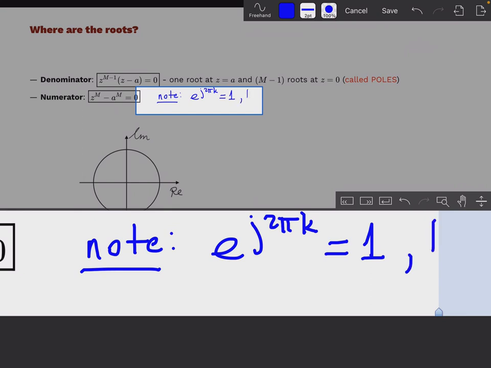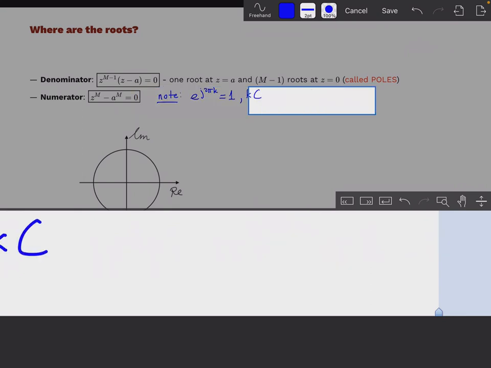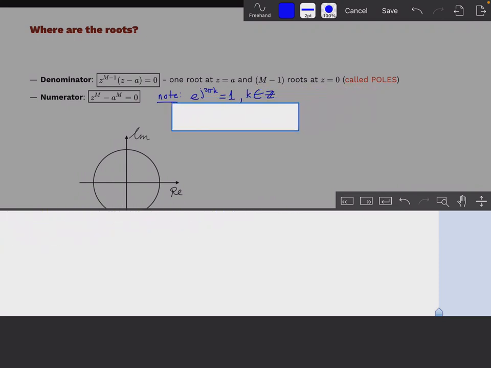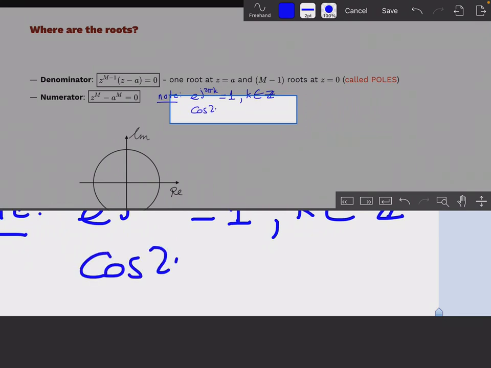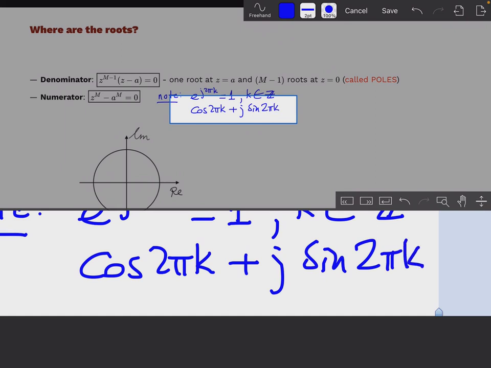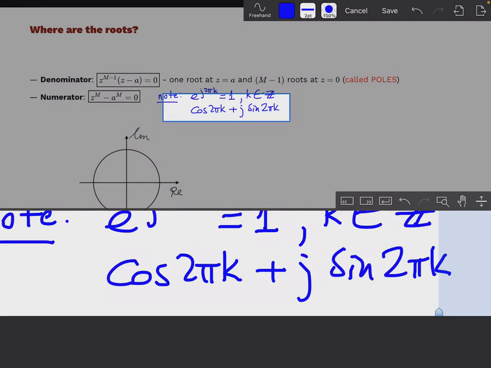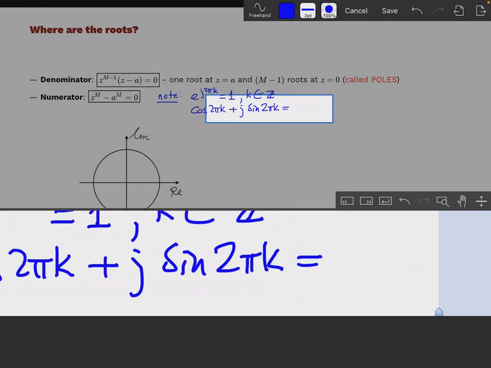When k is an integer. That is because we have cosine 2 pi k plus j sine 2 pi k, and since sine 2 pi k is always 0 and cosine 2 pi k is always 1, we have this expression equal to 1.